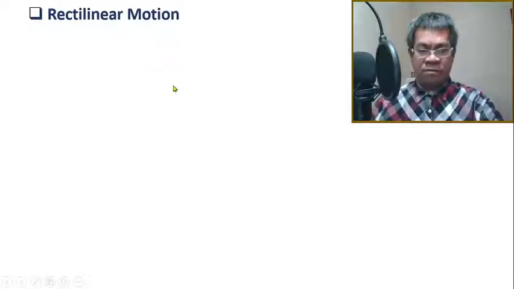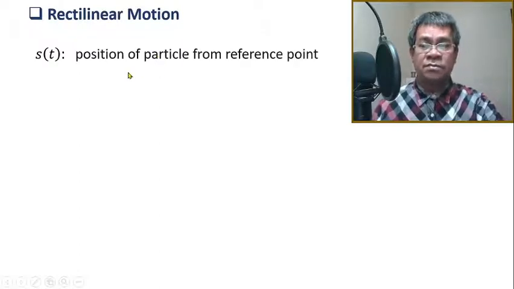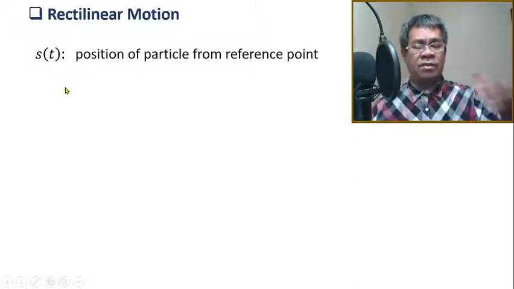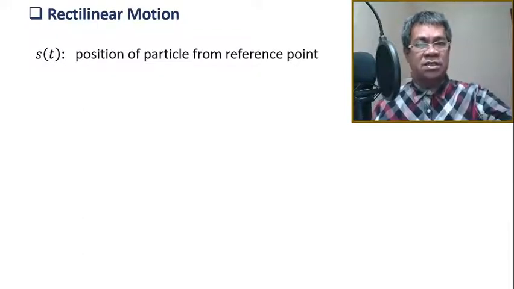Okay, so when the particle moves in a straight line, where the distance is equal to displacement, it is called rectilinear motion. Now, the displacement is assigned as x(t). We can assign displacement as a function of time. So this is just an assignment. So, for example, the particle moves from a point, then at a certain time it was displaced at another point.